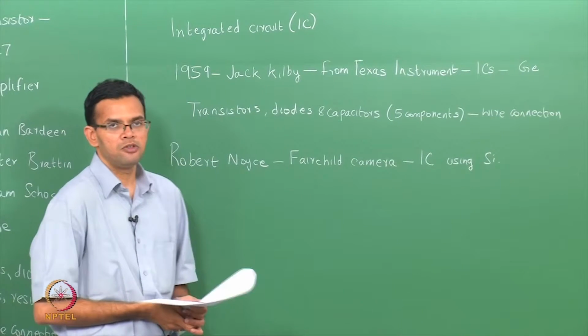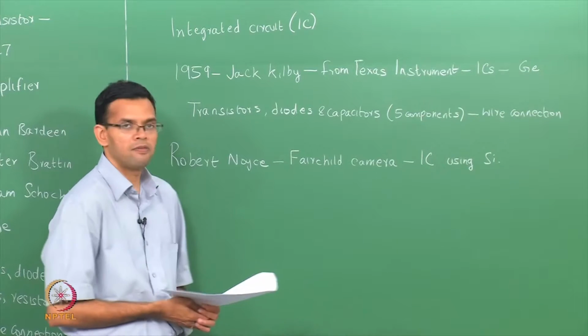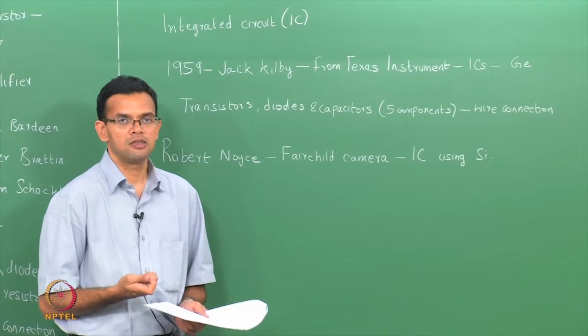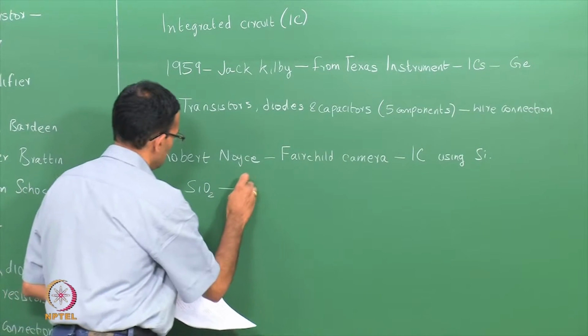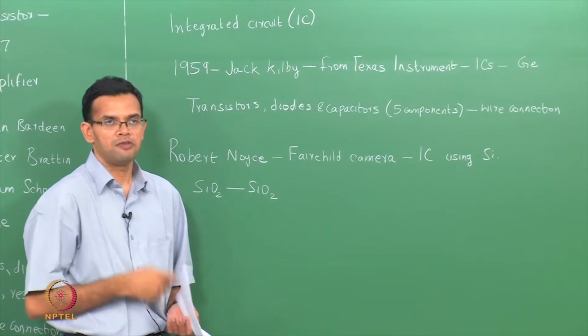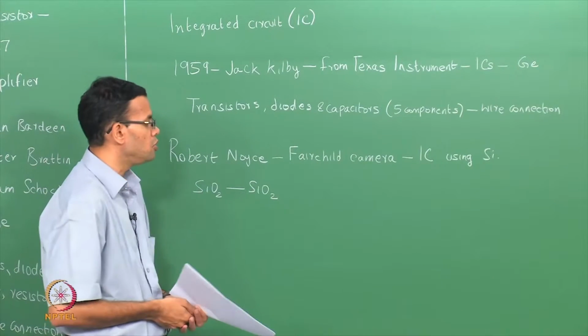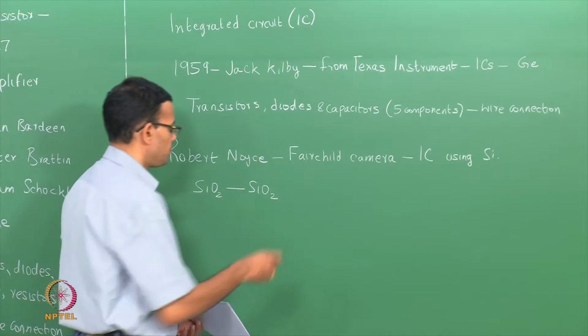The advantage of using silicon, apart from the abundance in this particular case, was that silicon forms a naturally occurring oxide SiO2, and this SiO2 on the wafer surface can be used as an insulating layer for forming MOSFETs.